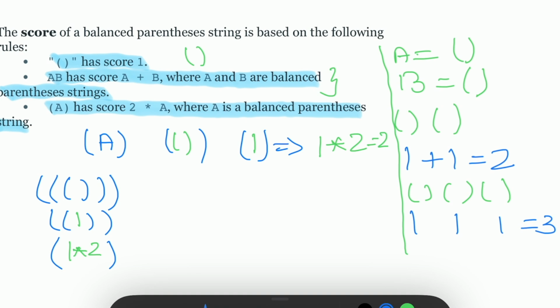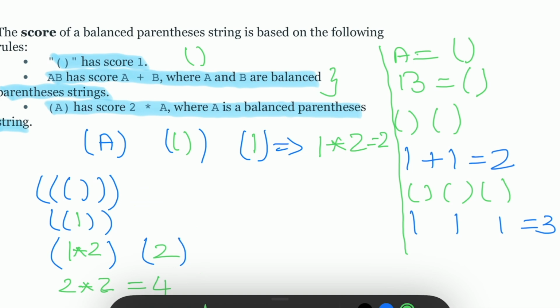So now it becomes 2, and now if we calculate the score for the outer parenthesis, then 2 into 2. Always multiply with 2 for all the nested outer parentheses. So now the score has become 4. So this is the value for this particular string.